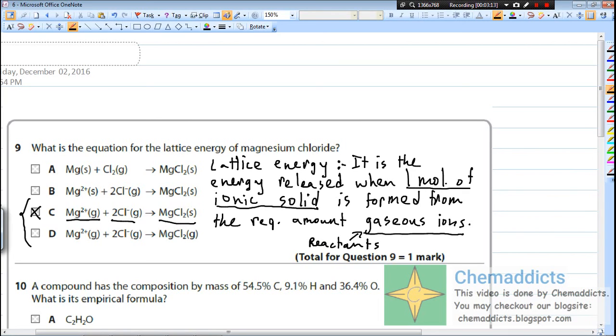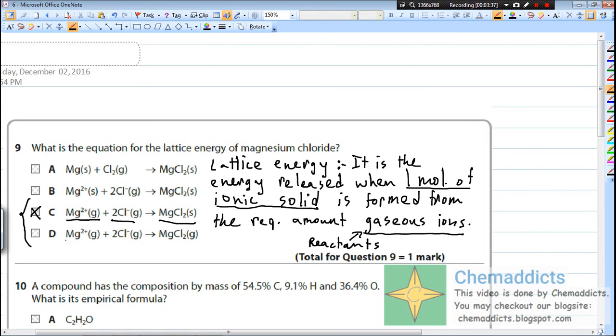In C, since the reactants are gaseous and the product is solid, C should be the answer.